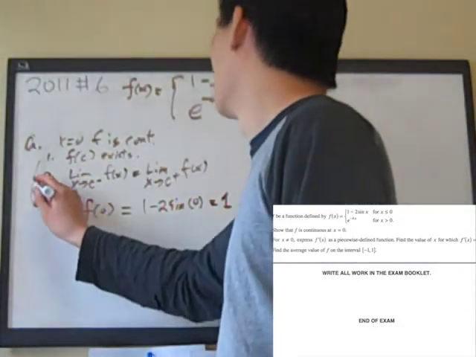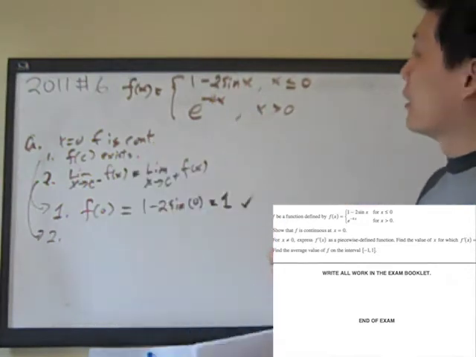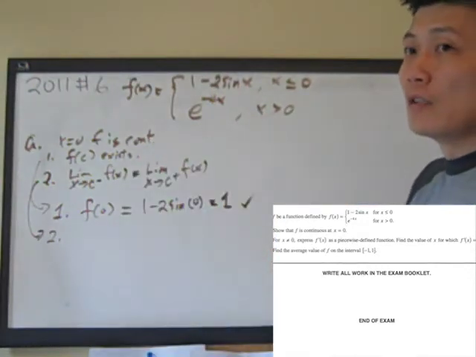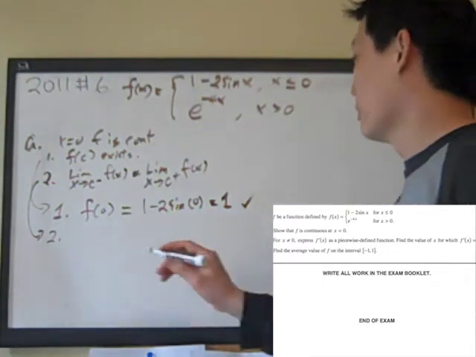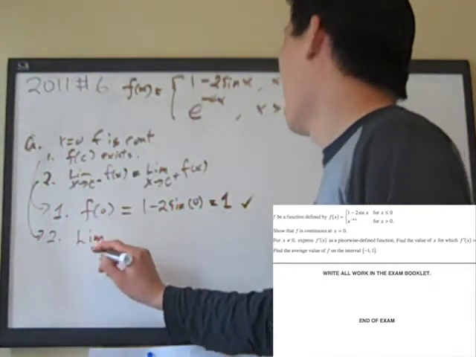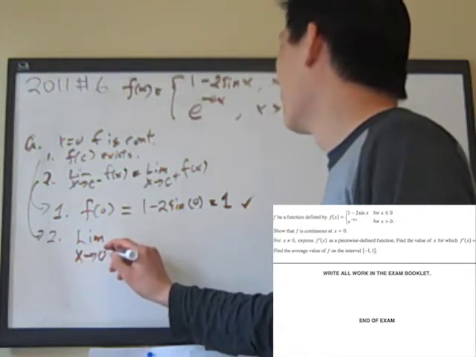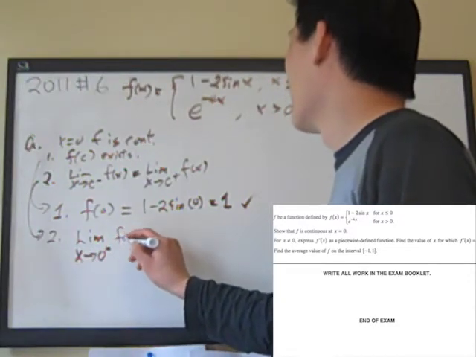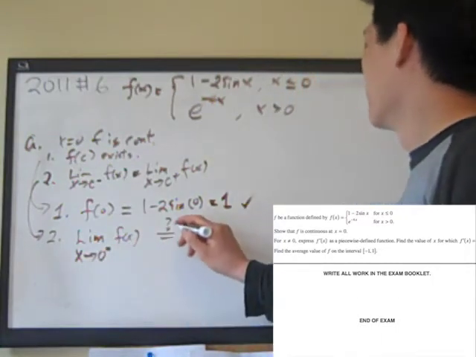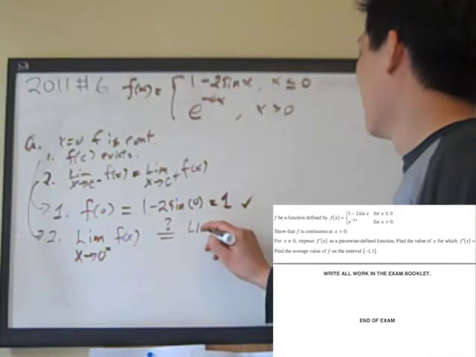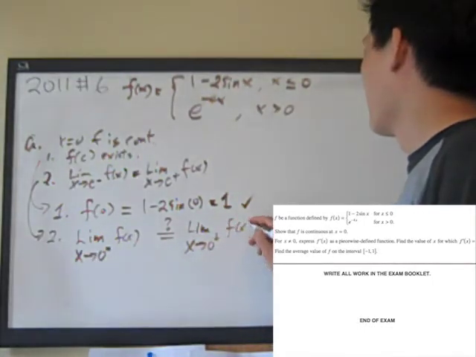Good. Number 2: now we need to figure out if the limit coming from the left side is equal to the limit coming from the right side toward 0. So the limit as x approaches 0 from the negative side of f of x, is it equal to, question mark, the limit as x approaches 0 from the positive side of f of x?